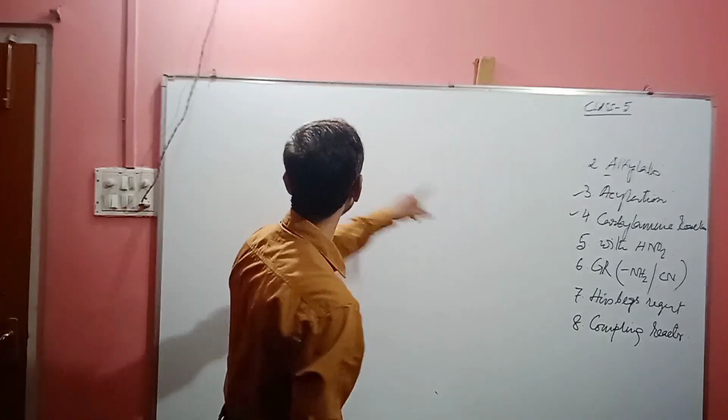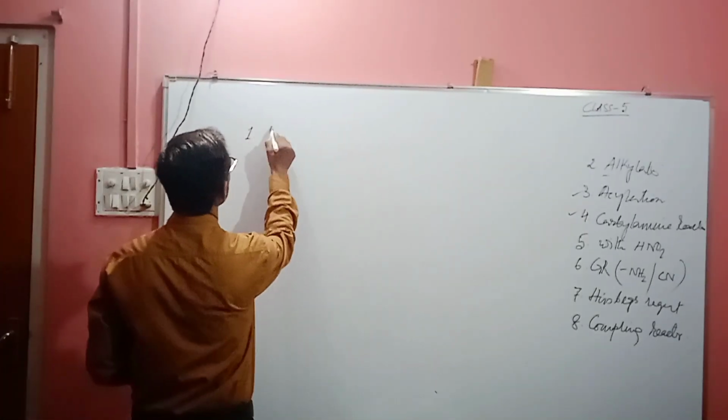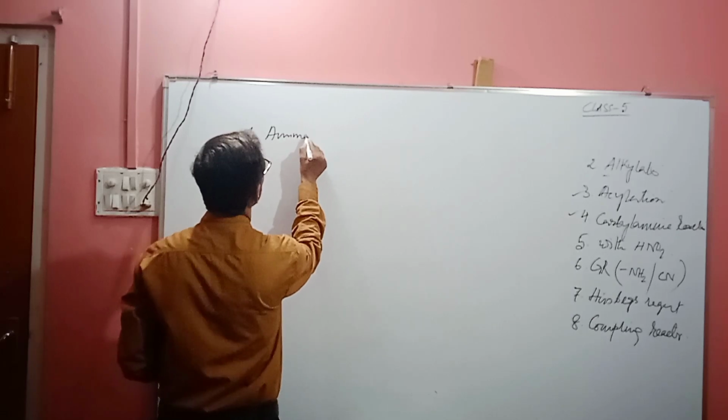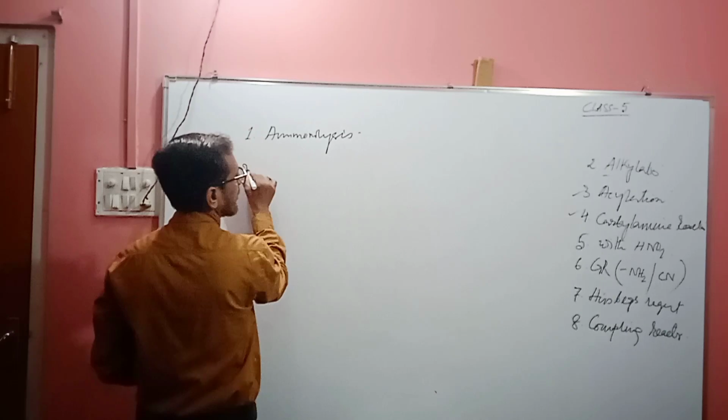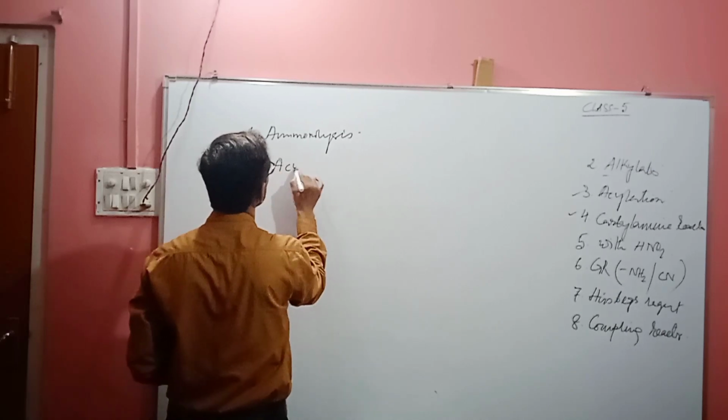So the first part, alkylation, we have done, ammonolysis of alkyl halides. We have done it earlier. Now number 2 is acylation.